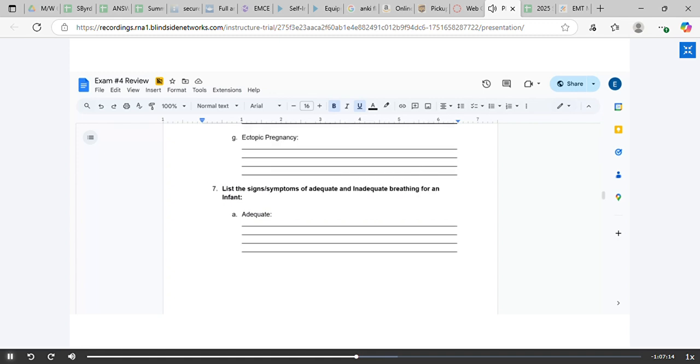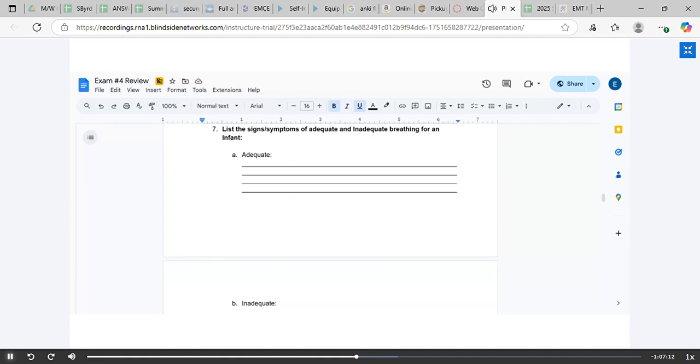All right. Signs and symptoms of adequate versus inadequate breathing for an infant. So for your kids. So signs of adequate breathing for your infant, obviously, is if they have good respiratory rates, correct?